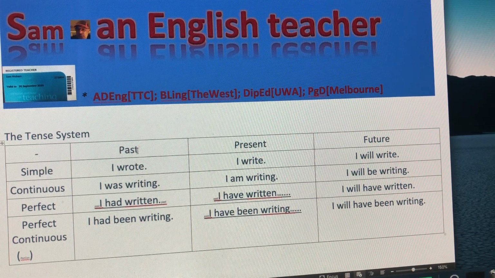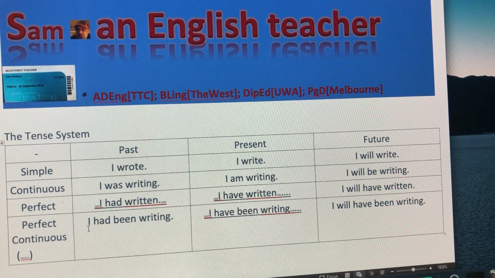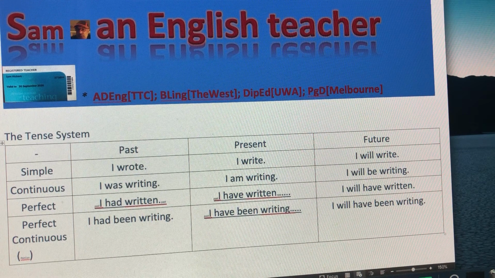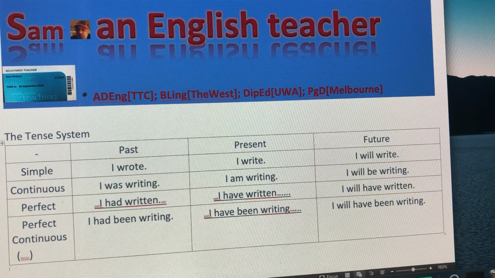And then come back here, past. I drove, I was driving, I had driven, and I had been driving. Now, future. I will drive, I will be driving, I will have driven, and I will have been driving.